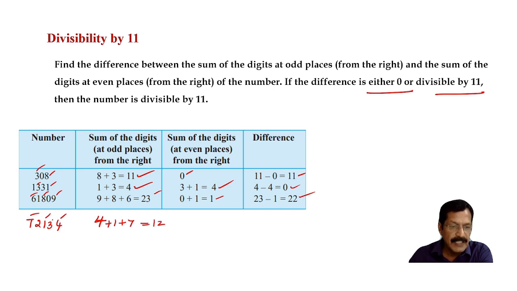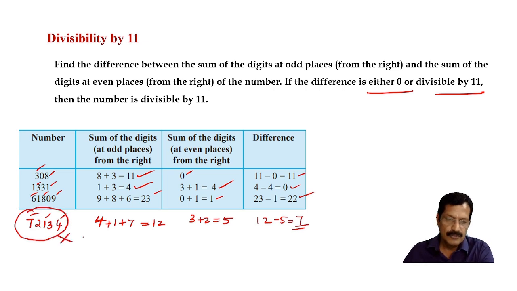Now the digits at even places are 3 and 2. So 3 plus 2 is 5. Now their difference is 12 minus 5, that is equal to 7. 7 is not divisible by 11. So the given number 72134 is not divisible by 11. So this is the procedure of divisibility by 11.